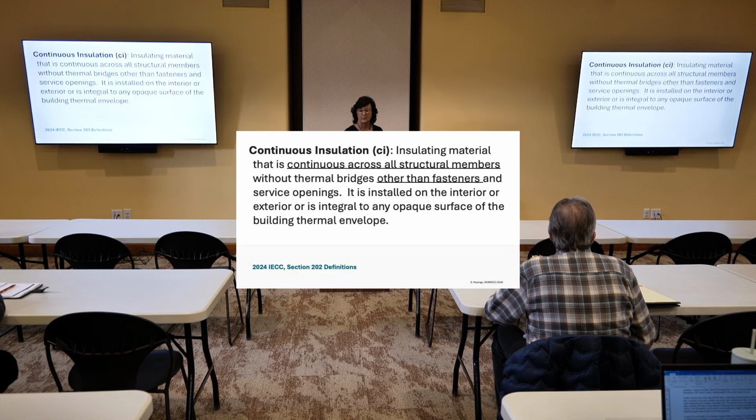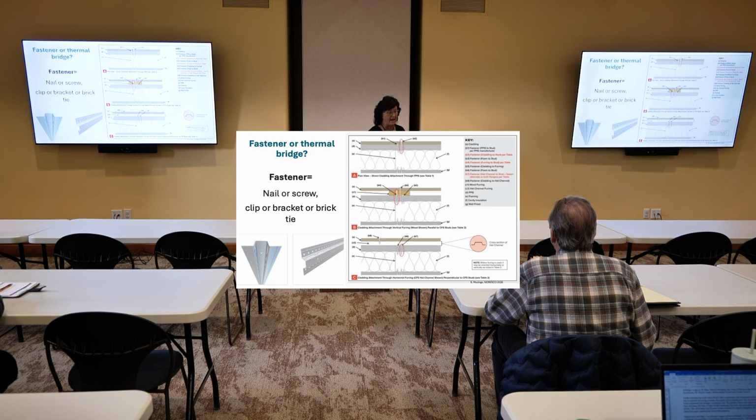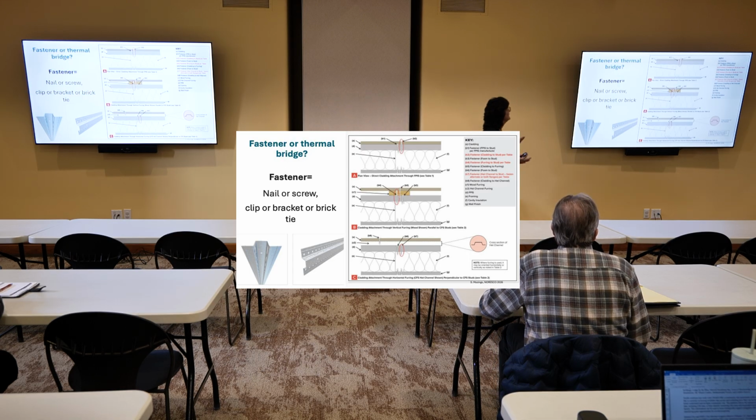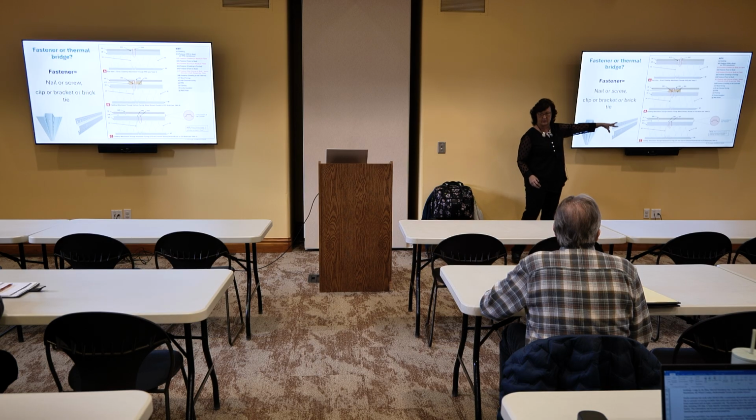But I want to point out this fact: other than fasteners, what is that? A fastener is not like a Z-channel or those kinds of things. A fastener is like a screw. There are different ways to screw the insulation. This is in one of the resources I send you.